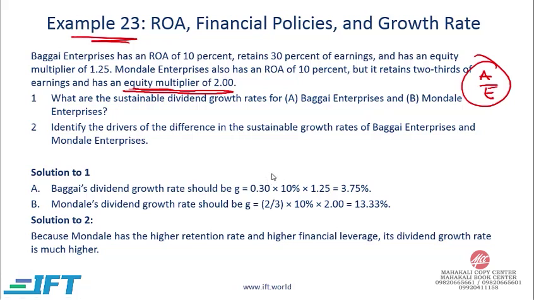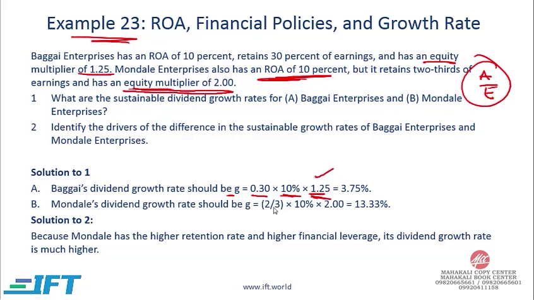So you are given the numbers and you come up with growth rate based on the retention ratio, and then 10% into 1.25 for the first company. What is going on here? Remember, one way of using DuPont is to multiply the return on assets by the leverage. So equity multiplier of 1.25 is the leverage. So that's what we've done here.